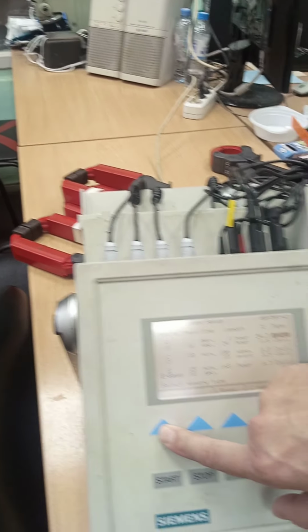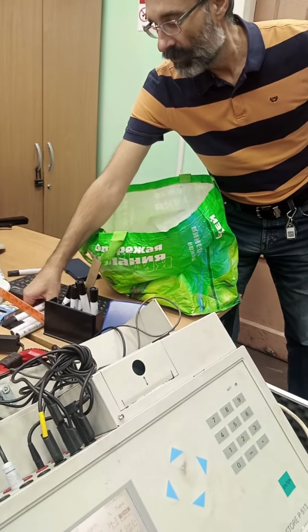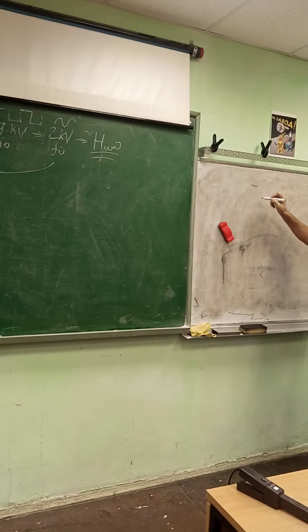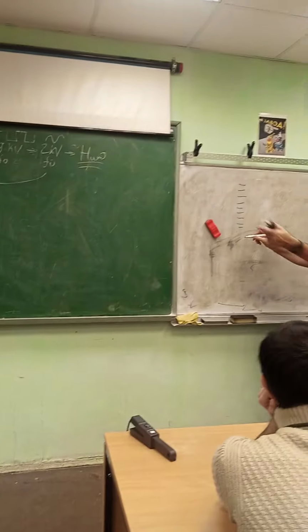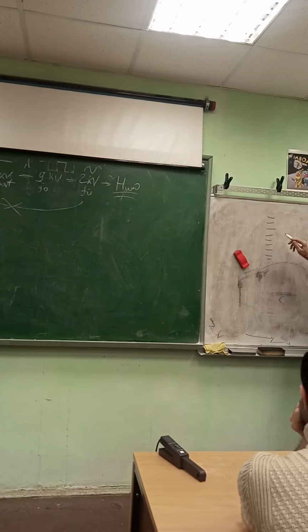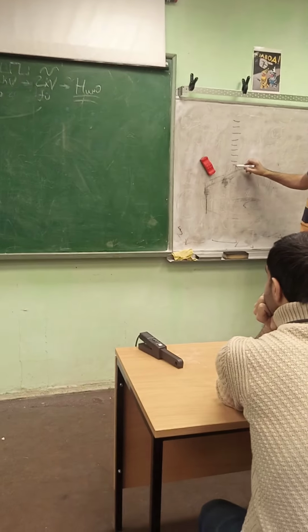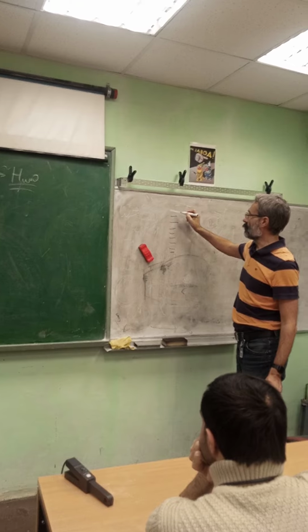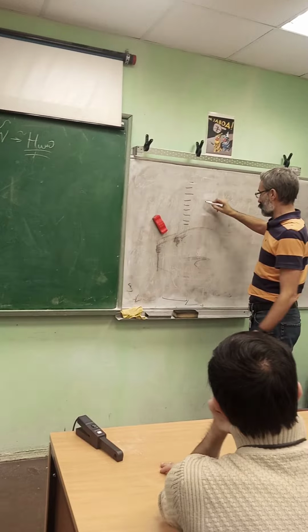Cyclic or end. What does that mean? It's very simple. It measures first value, it records first value, second, third, and so on. And after, for example, 24 hours, if we set cyclic, it will delete first value and write new last. So it's really cyclic.